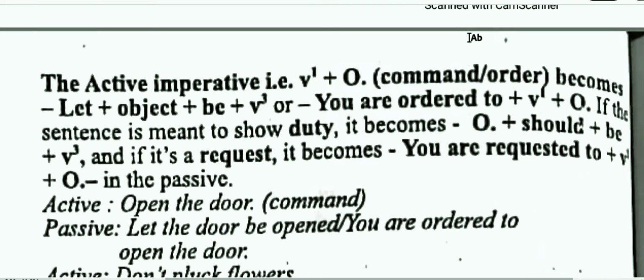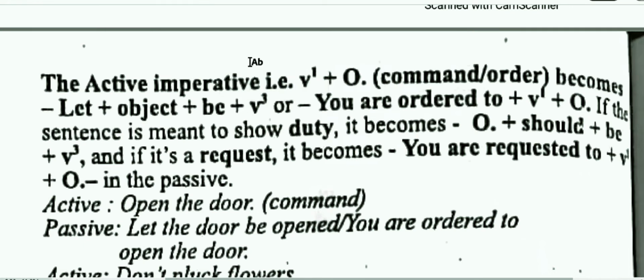You should say, your teachers should be obeyed, like that. And if it is a request, then what do we do? If it is a request, it becomes you are requested plus P1 plus object.